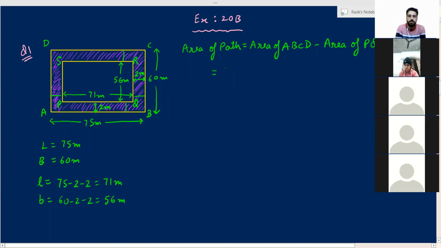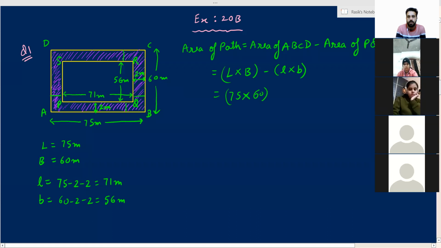So area of ABCD, that means capital L into capital B, minus small l into small b, area of PQRS. What is capital L? This is 75 into 60 breadth, and small l is 71, small b is 56. 75 into 60 is 4500.